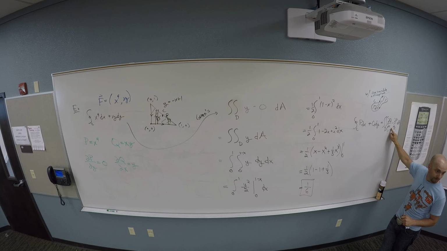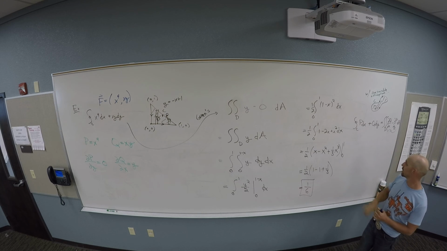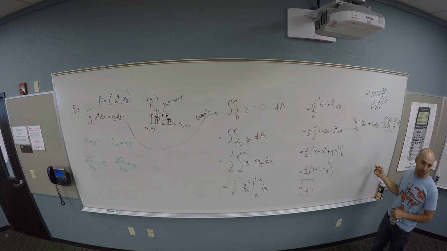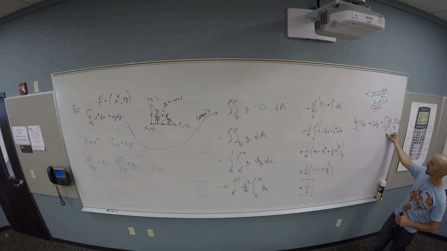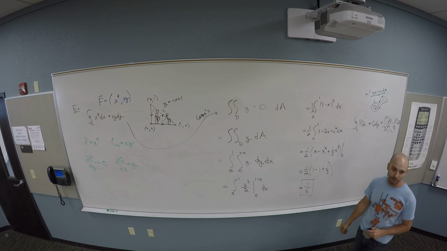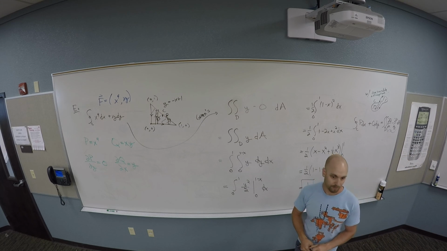You guys see that? So it's still pretty possible for me to get 0 as an answer. Sometimes the circulation will be 0 regardless of whether it was path independent or not. But what I've learned from this inside being 0 is that all the paths have 0 circulation, and that is path independence. Cool.